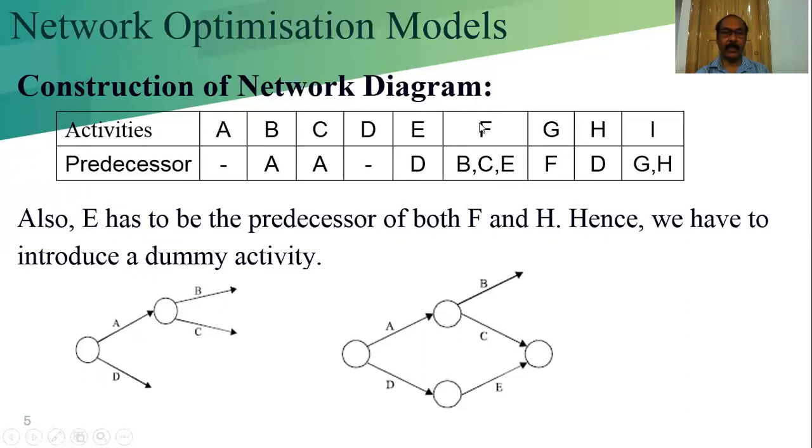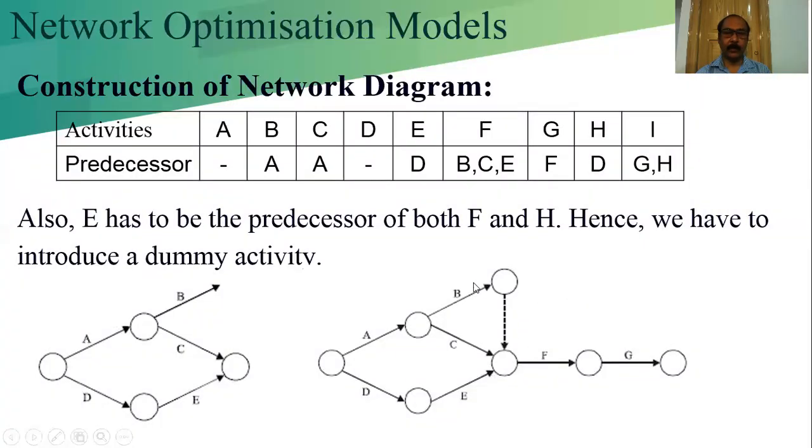So in this case, for dependency, if we add here the F, that means predecessor is E and C, that is satisfied, but not satisfying the predecessor B. That's why you have to add here one dummy activity.